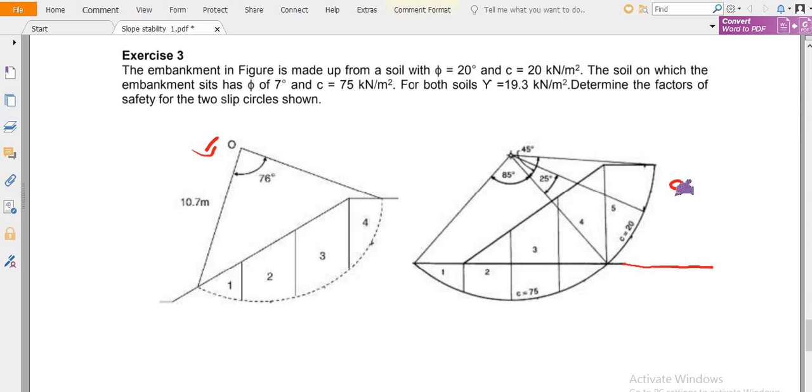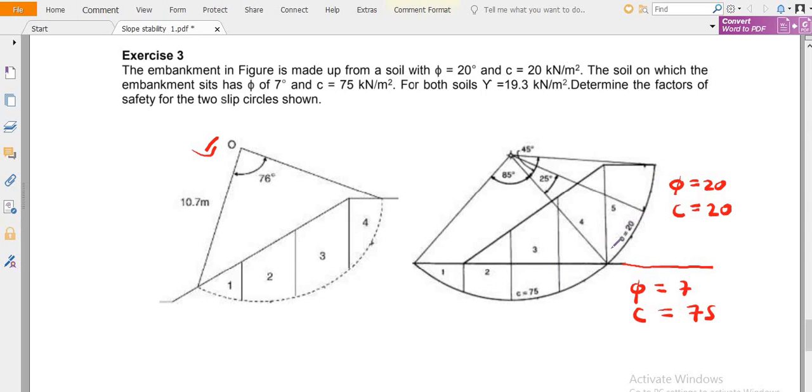So here, for example, we have phi value 20 and C value 20. Here phi value is say 7 and C value is 75. Now the important thing is the shear surface.